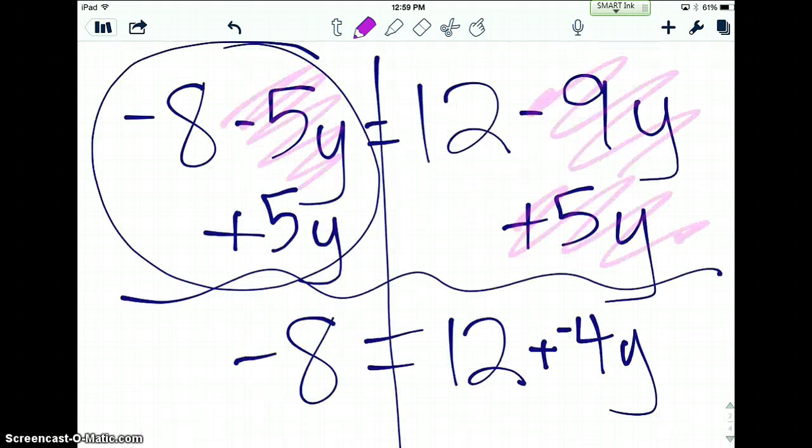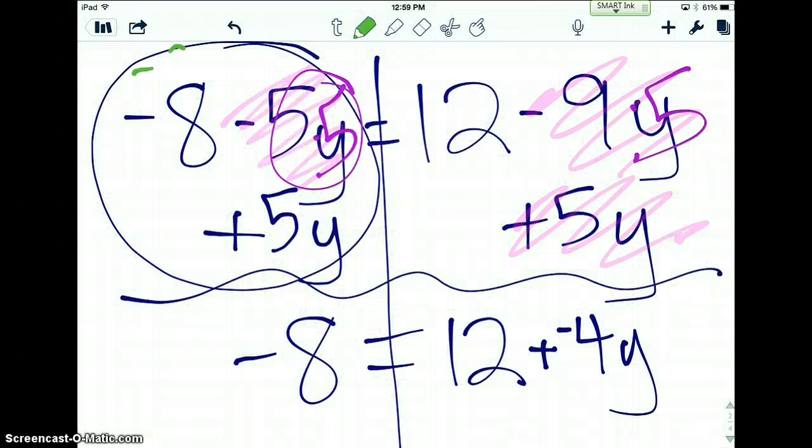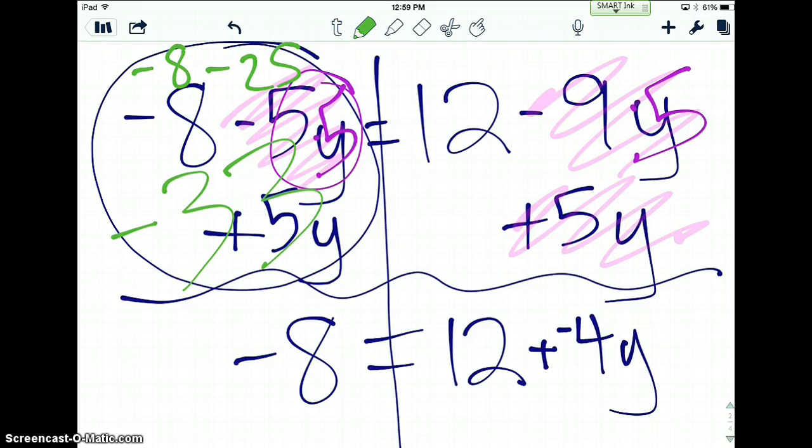So if I actually plug 5 back into the original, if I put 5 here and a 5 there, will it end up working? So 5 times 5 is 25, so I'll get -8 minus 25. And -8 minus 25 would be -33 on this side.